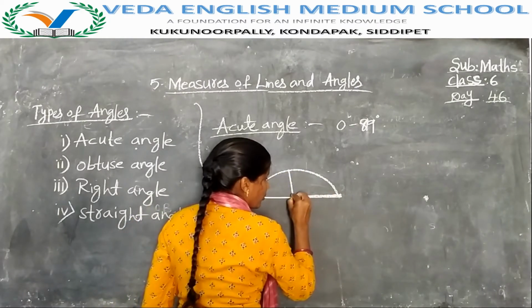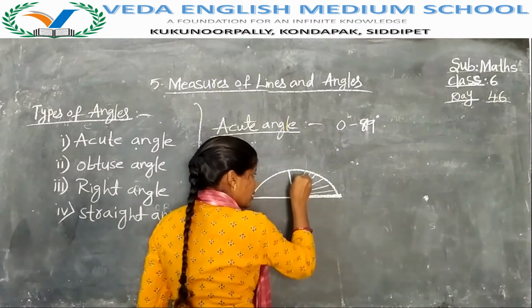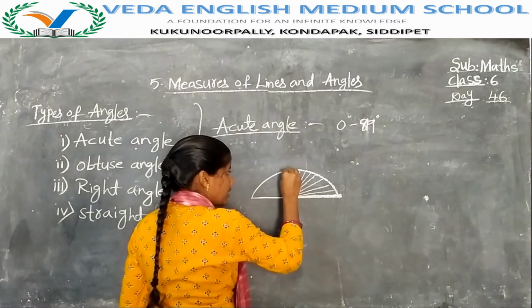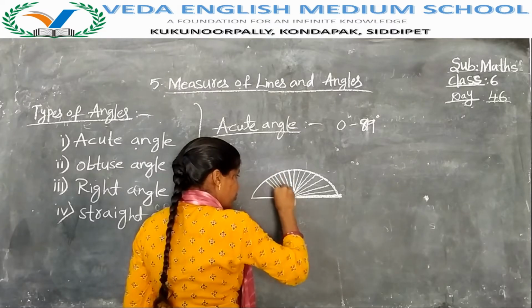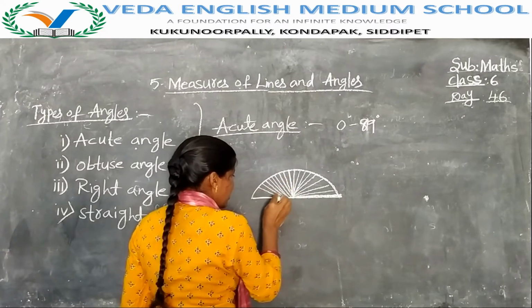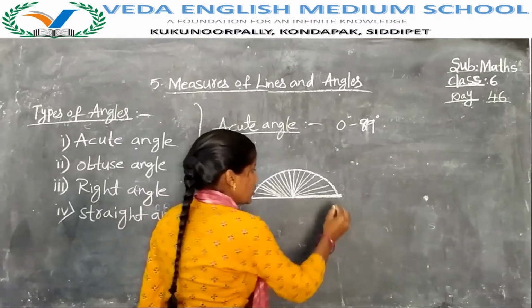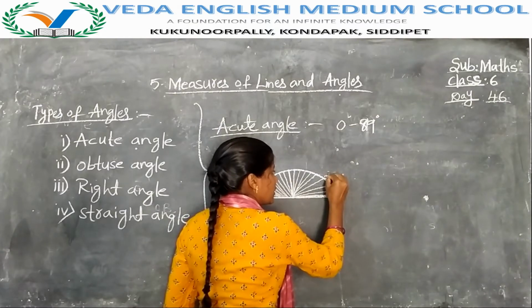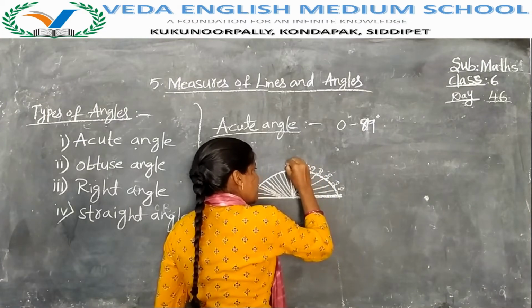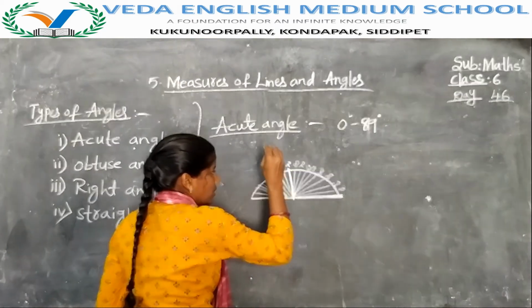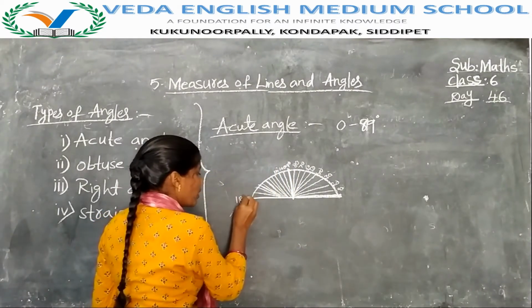Here we have 0, 10, 20, 30, 40, 50, 60, 70, 80, 90, 100, 110, 120, 130, 140, 150, 160, 170, and here we have 180. See, 90 is a straight line.